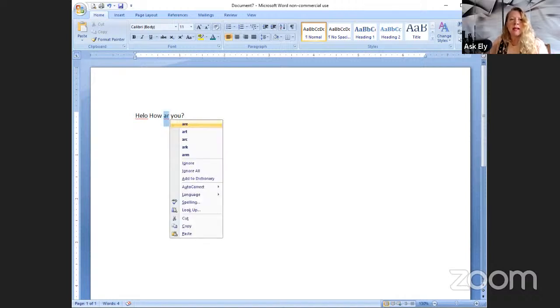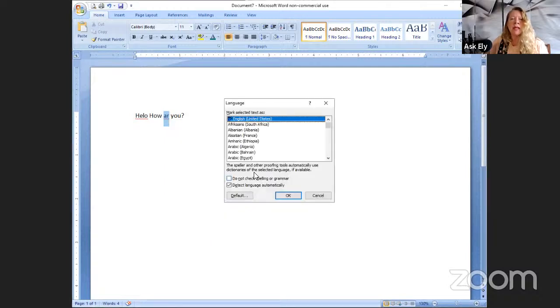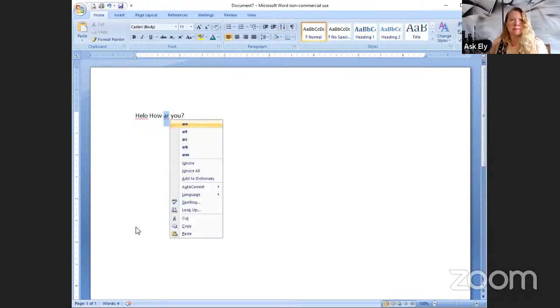If you click on that, it pulls up this window. If you click on language, you can set the language, and you can choose the language you want to write in. And that's going to be your dictionary. So I have it in English.